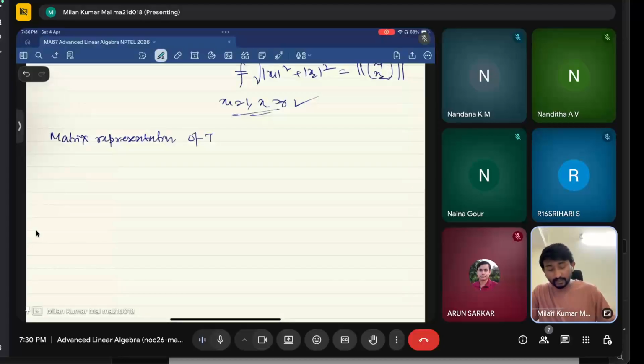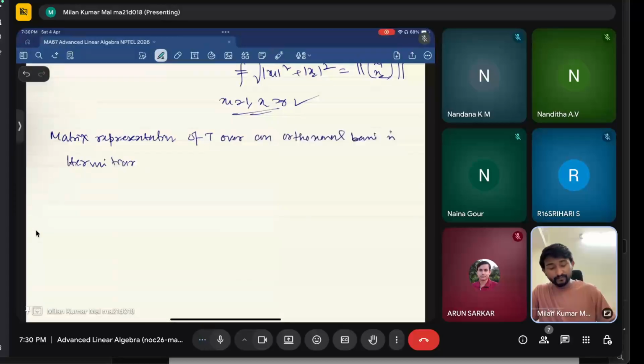So what is a Hermitian matrix? A Hermitian matrix is the counterpart of self-adjoint in terms of matrices, and sometimes it is called self-adjoint.